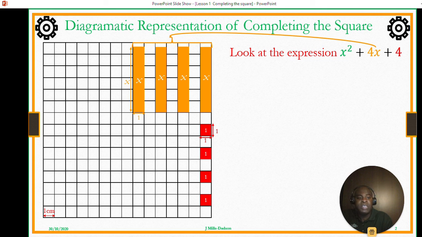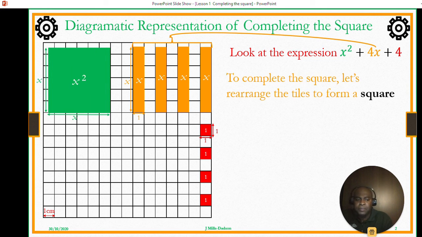Finally, I'm going to create a dimension x by x to form my x squared. Now I've got areas to represent the 3 different terms in the expression: x squared, 4x, and constant 4. I'm going to rearrange all these 3 terms to form a bigger square.